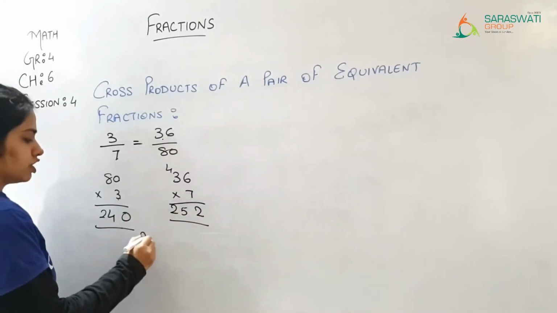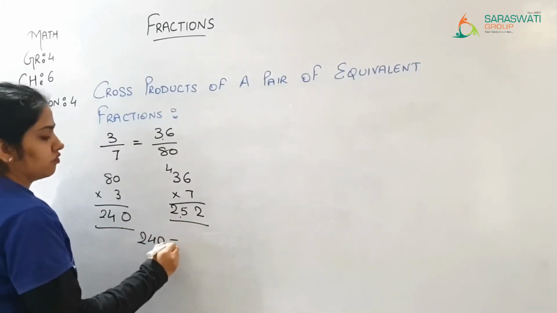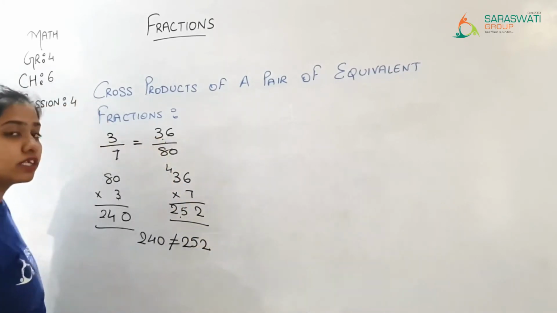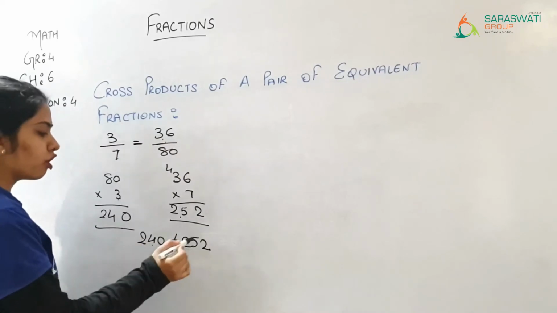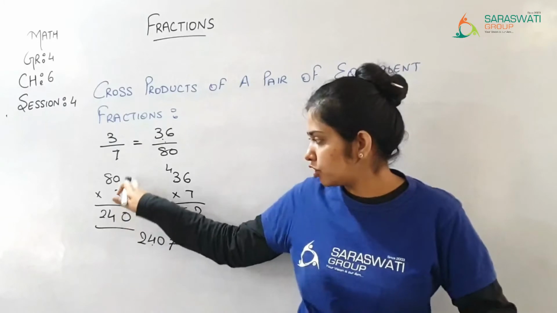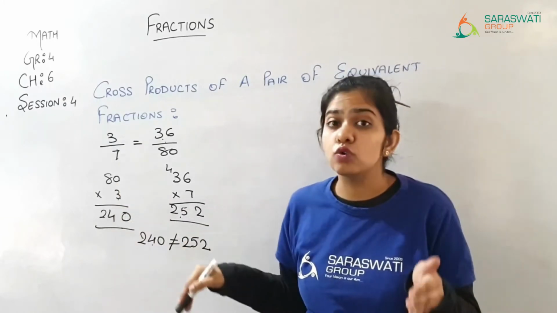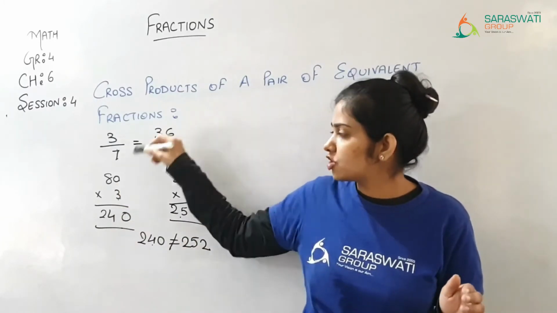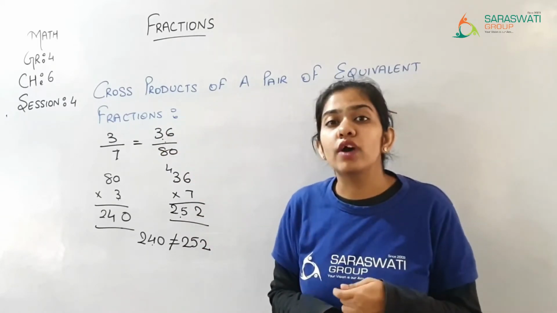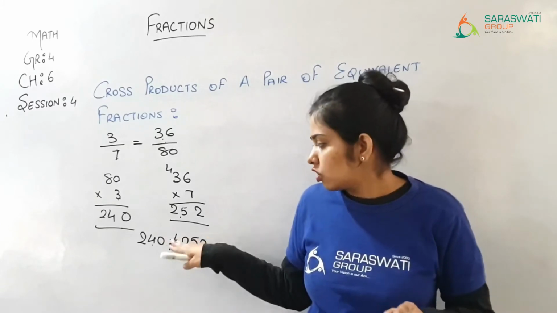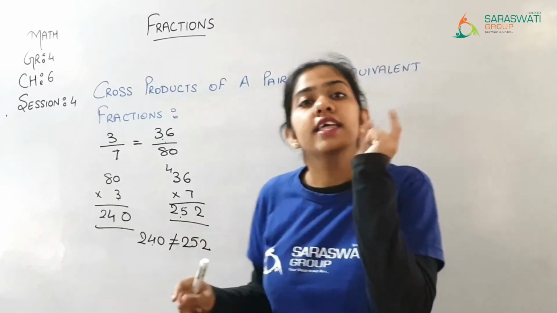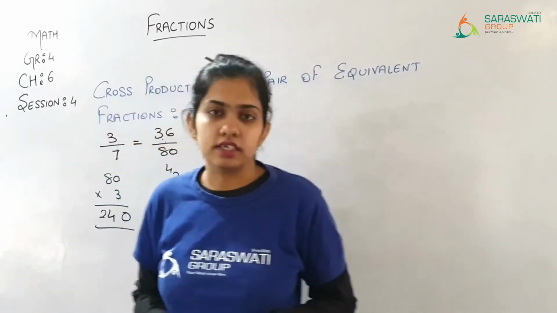Here it is 240 and here it is 252. So these are not equivalent fractions because the product is different. यहाँ पे जो product है वो हमें different मिली है. यहाँ पे 240 है, here it is 252. So these fractions are not equivalent to each other. वो equivalent है नहीं, क्योंकि हमें आंसर डिफरेंट मिला है. अगर आंसर हमें सेम मिलता then and then only it is equivalent.